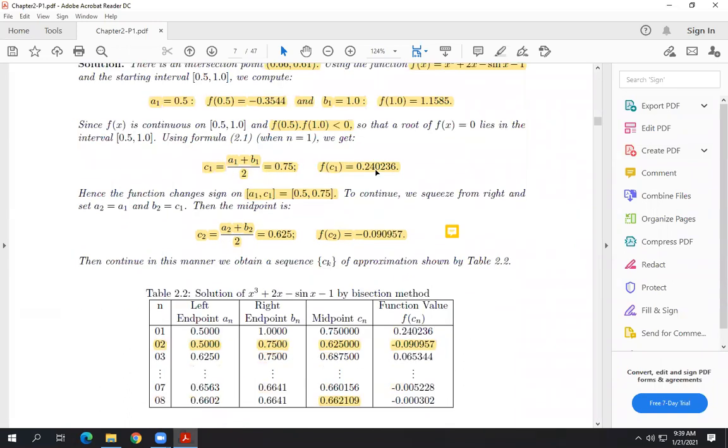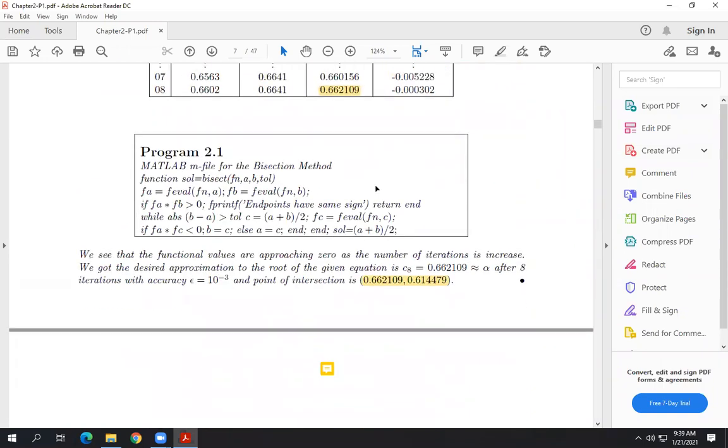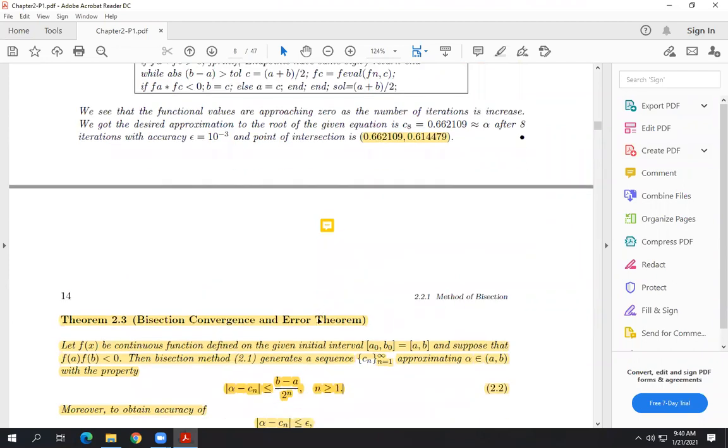Compute your error bound, and the error bound formula is this one. So what does your error bound formula become? Alpha minus C2, because the teacher says second approximation, it means n is 2, is less than or equal to (B minus A) divided by 2 to the power 2. That's the answer of the problem we have here.